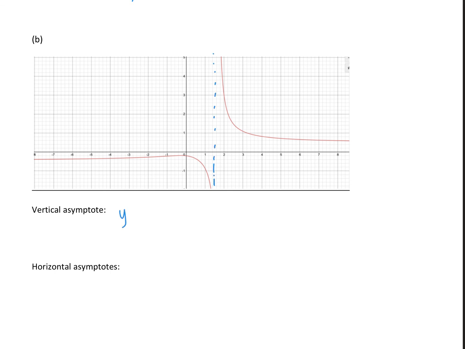So vertical, that's x equals 3/2 or 1/2. And then horizontal asymptote, I see one here that goes to the right, so possibly 1/2. And to the left, it goes like here maybe, so y equals -1/2. All right, we're done with this worksheet.